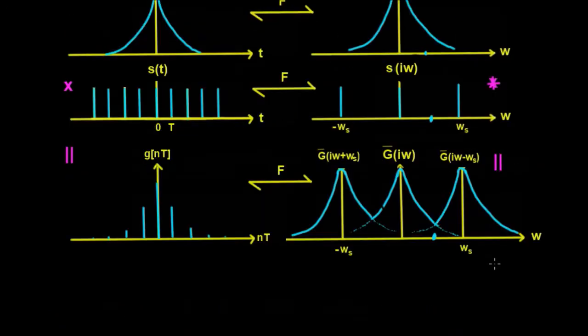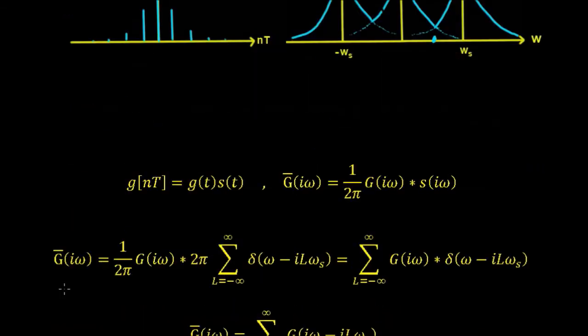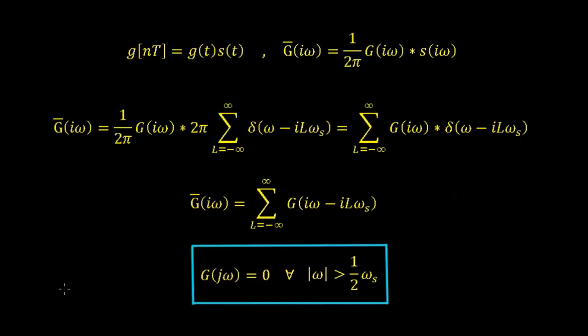So we set that up here. For frequencies here that are greater than half of this omega s, so that's omega s upon 2, all the frequencies above omega s upon 2 become a value of 0. So in effect it becomes band limited. So let's have a look at this, and the idea of aliasing will become even more prevalent whenever we look at it on the next slide.